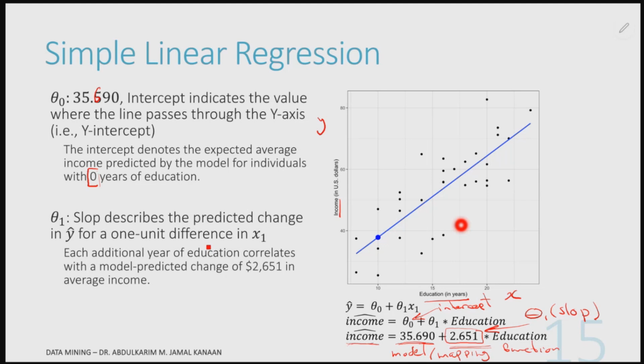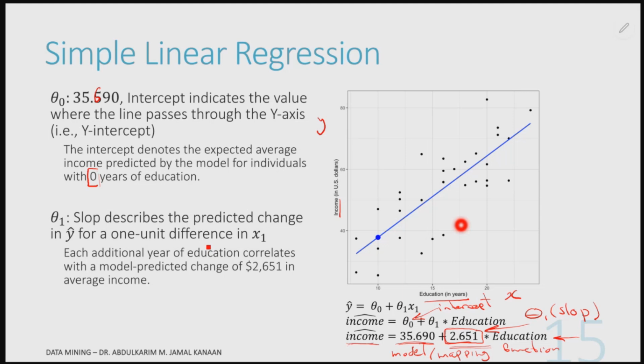Now, each 1 year of education, the income will increase on average by 2.65. So this is what regression is all about, finding patterns inside your data, and this is how you interpret your results. I think there was a similar question in the last final exam, to interpret your results.